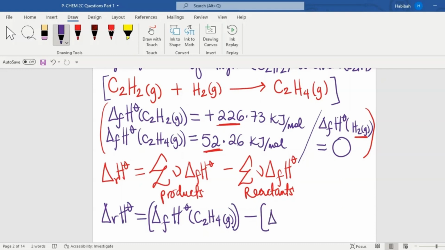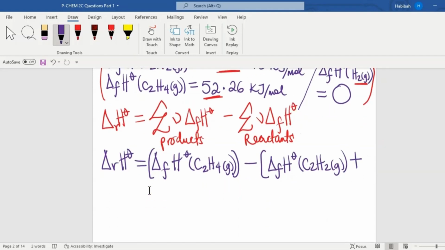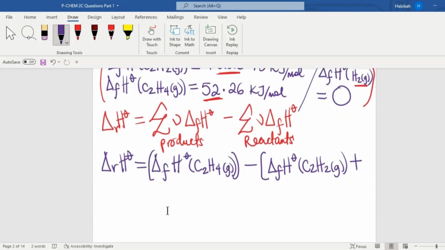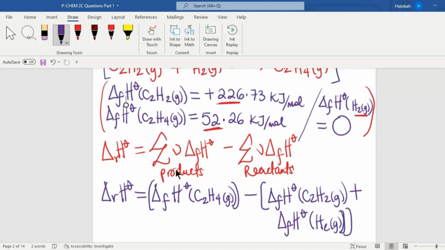So we're just going to say the change in enthalpy of formation for C2H2, because now we're dealing with reactants since we just had one product molecule, and then we have two reactant molecules. We've done the one for ethene, and then that plus the change in enthalpy of formation for the H2 gas molecule. As you can see, we have followed the information here.